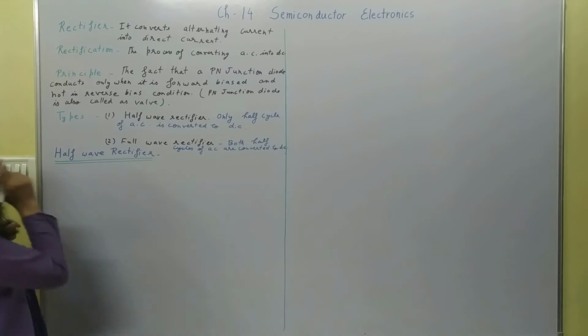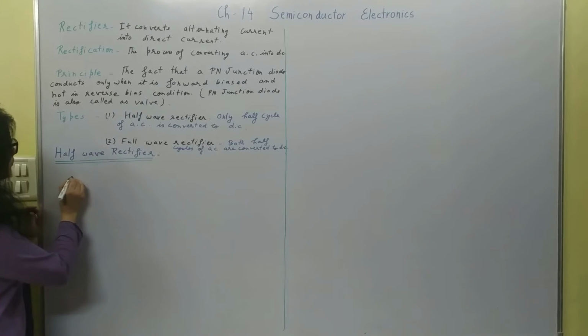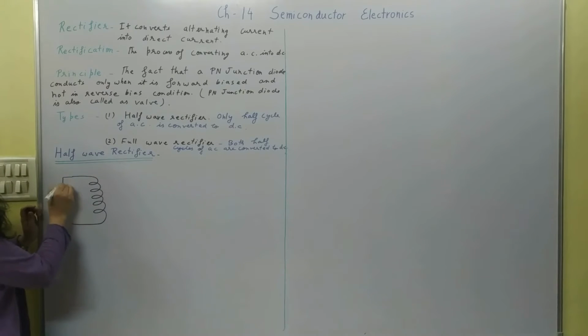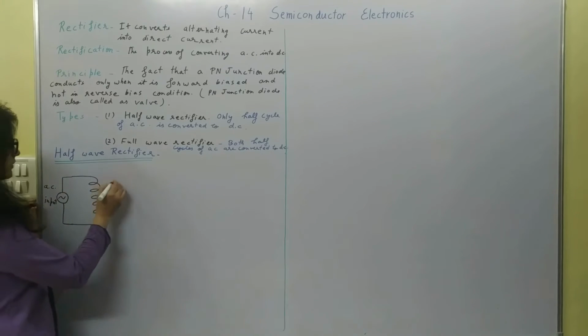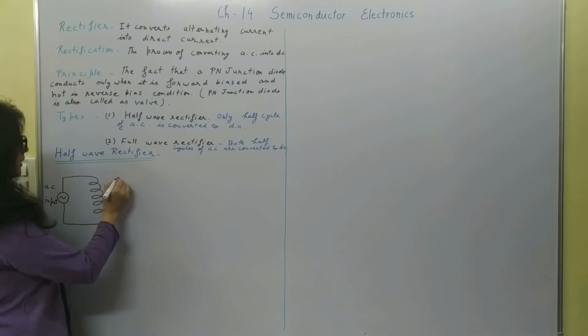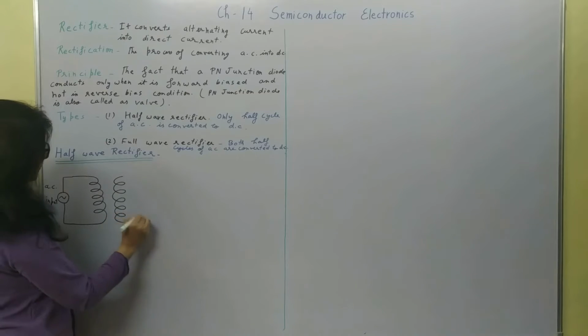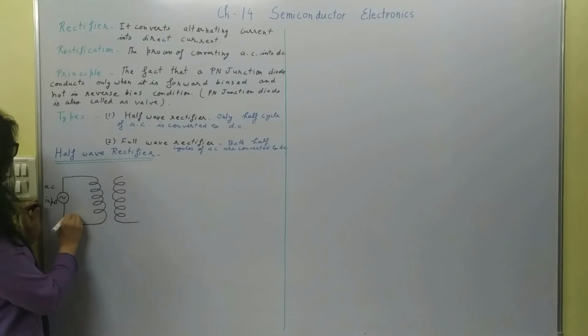So for this purpose, what is the setup? This setup is made using a transformer. So this is the AC input, and this is the primary coil, and here this is the secondary coil.